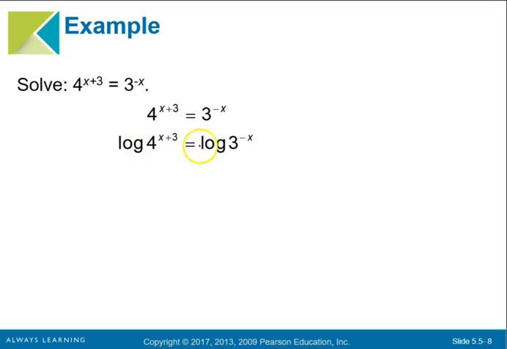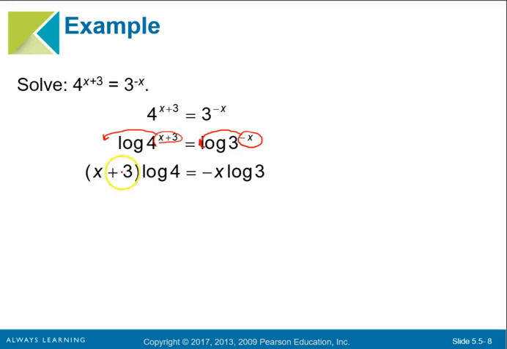So I'm just going to quickly remind folks that this exponent is going to come down in front, and again this is going to come down in front. All right, and so that's where this came from, and this negative x. That's where those two things came from. So we took our exponents, we brought them down in front.